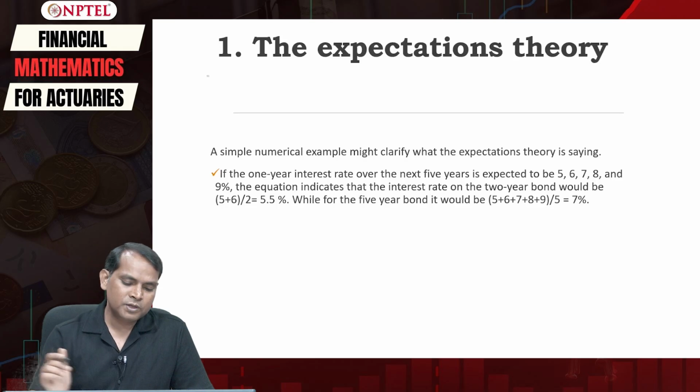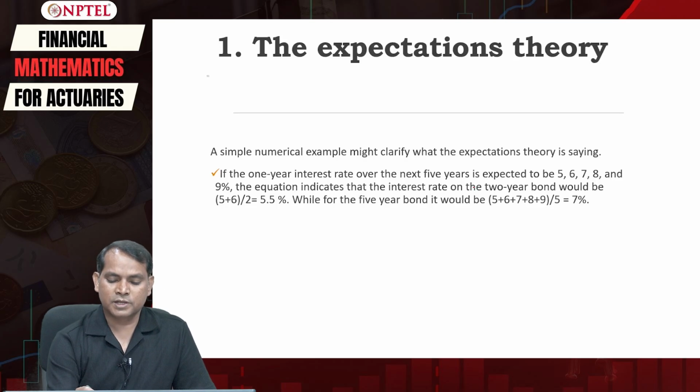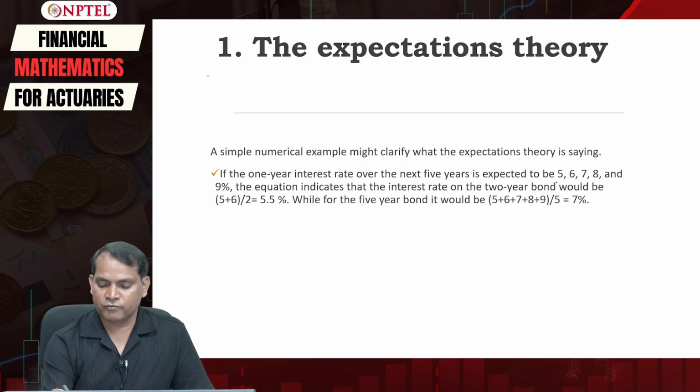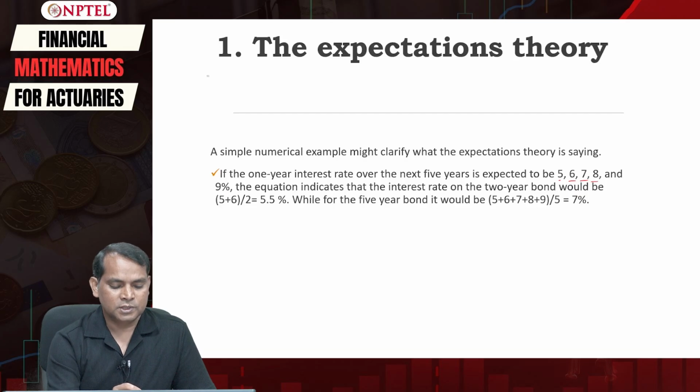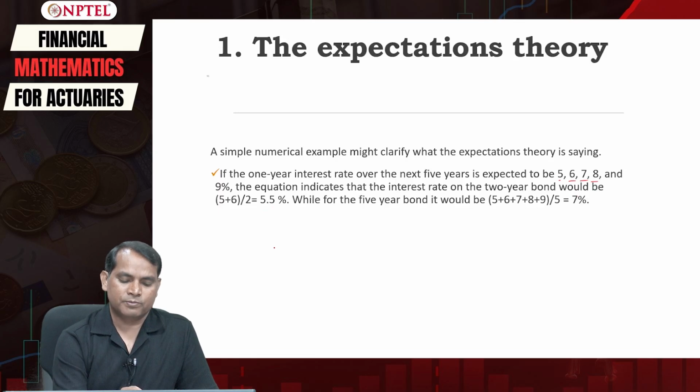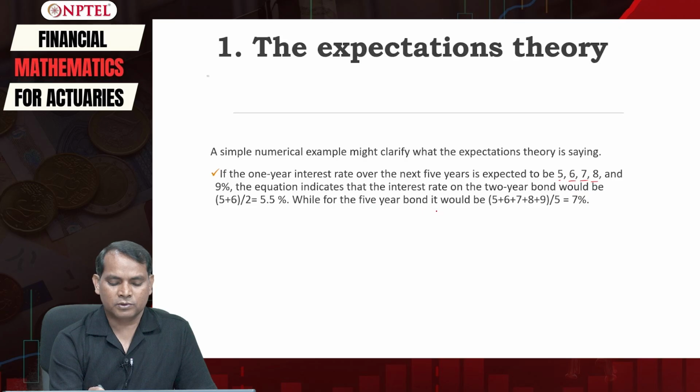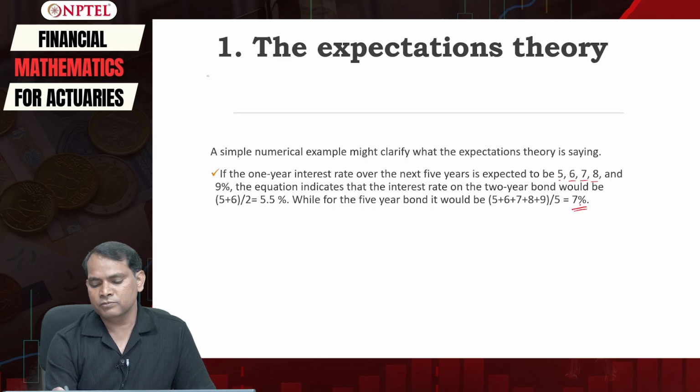If the 1-year interest rate over the next 5 years is expected to be 5%, 6%, 7%, 8% and 9%, the equation we have just seen indicates that the interest rate on the 2-year bond would be 5.5%, while the interest rate on the 5-year bond would be 7%, which is the average.